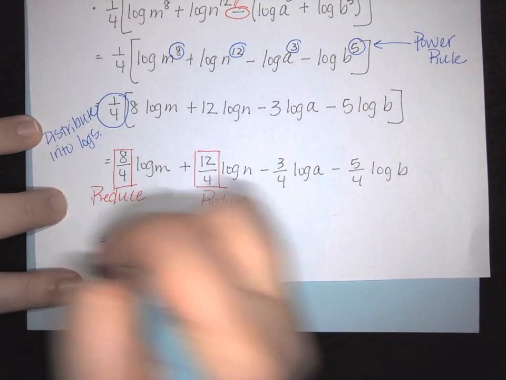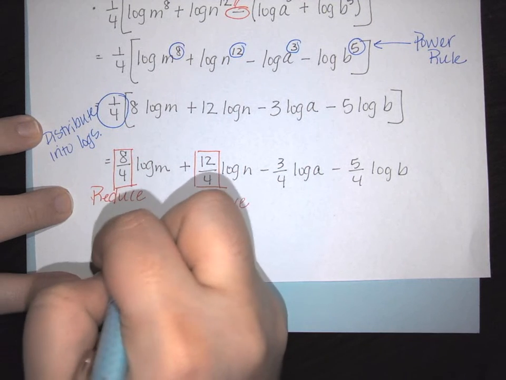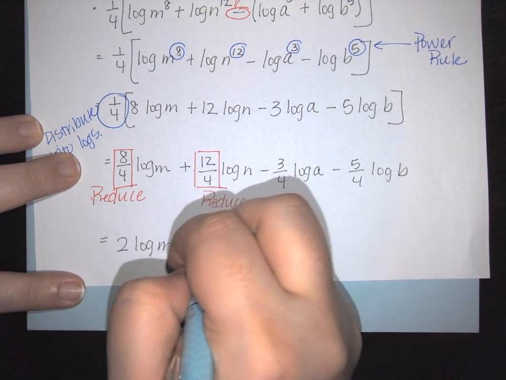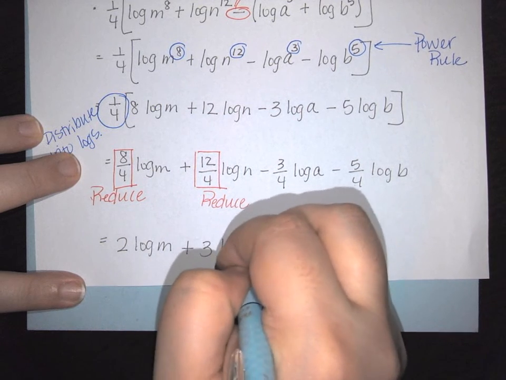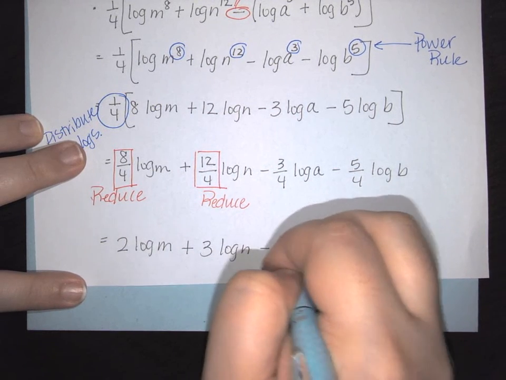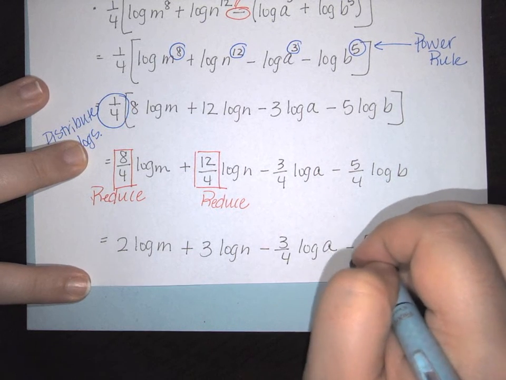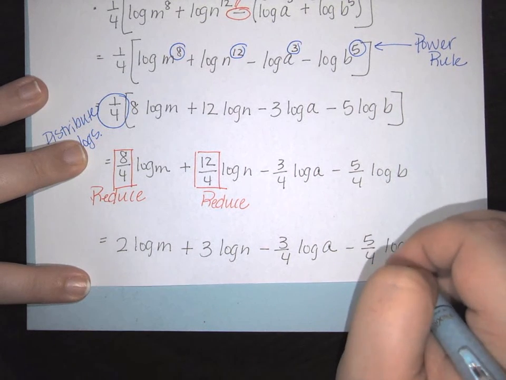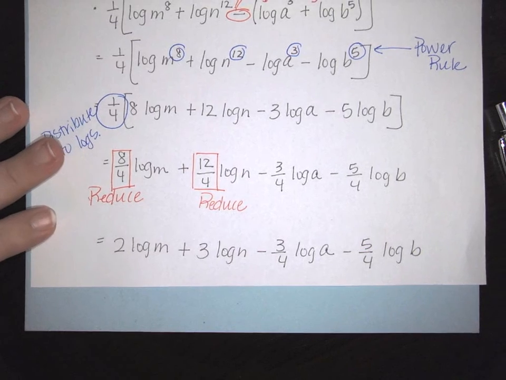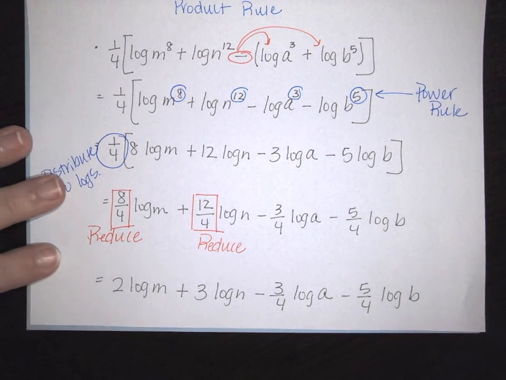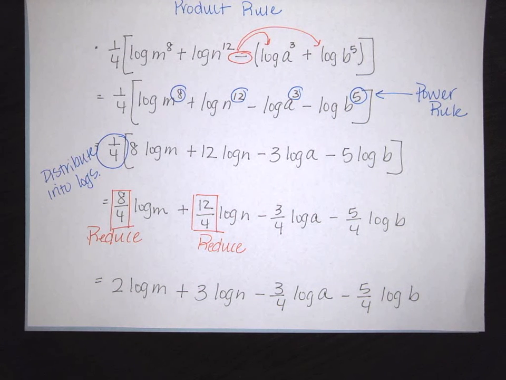So the overall result is going to be 2 log of m plus 3 log of n minus the 3/4 log of a minus the 5/4 log of b. And that would be the totally final expanded form of the log function.